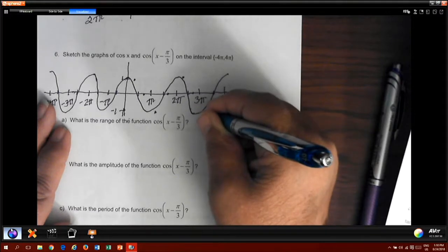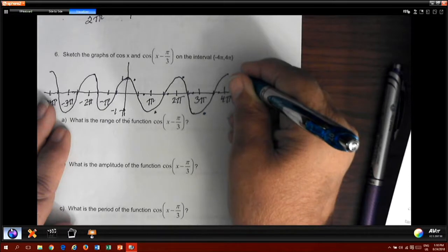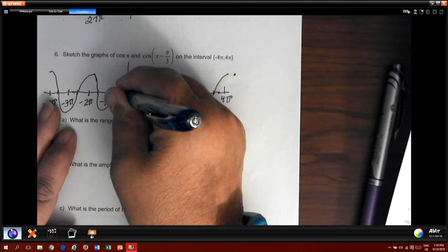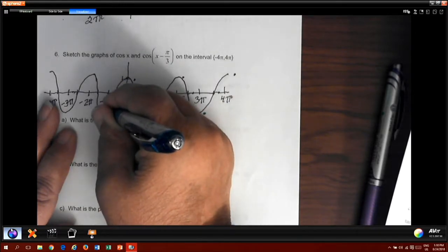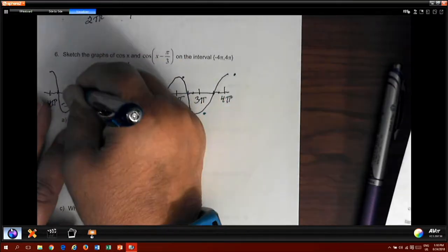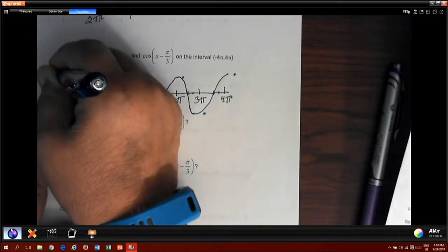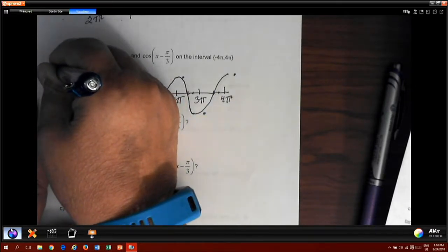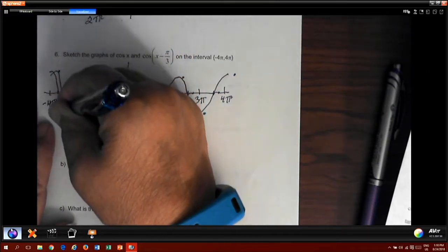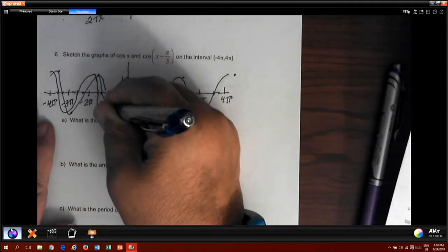Just every point is shifted pi over 3 to the right. So it's going to look something like this.